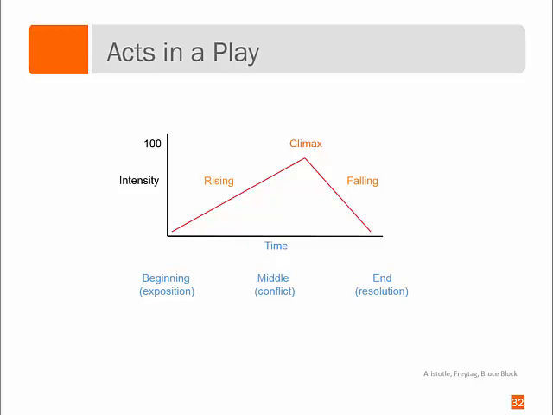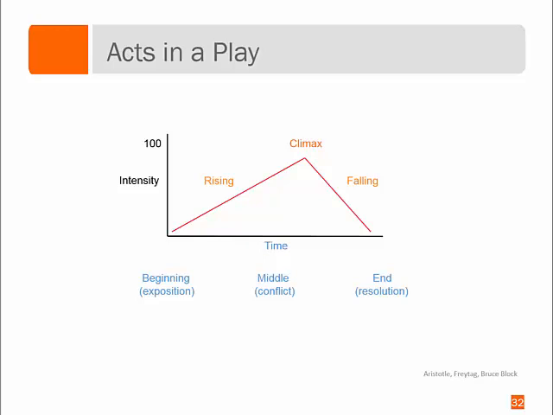We also have Freytag's pyramid that took Aristotle's three-act play and added some more complexity to it, where we'll have a beginning, a rising action, basically increasing tension or conflict in the story. In the middle, there's a maximum point of conflict called the climax.